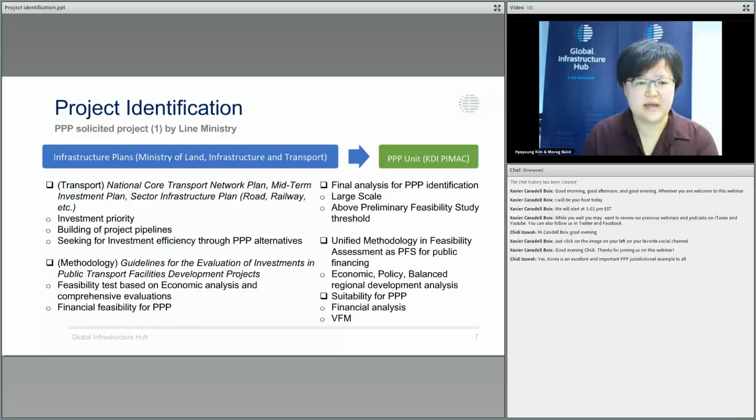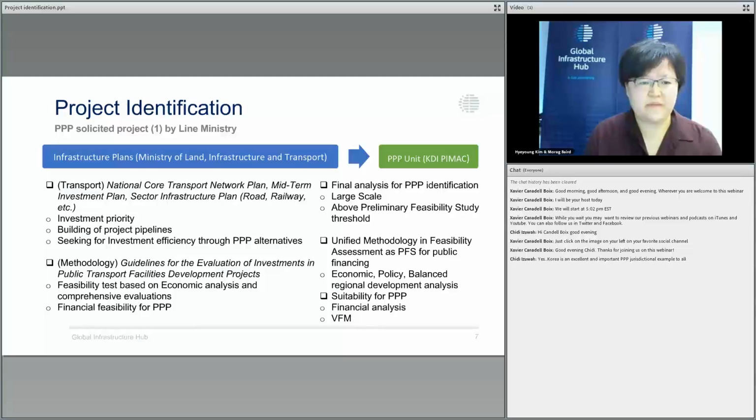And they also have a mid-term investment plan, and individual sector infrastructure plans. So in this infrastructure plan, the line ministries prioritize the investment, they are building project pipelines, and they are also seeking investment efficiency through PPP alternatives.